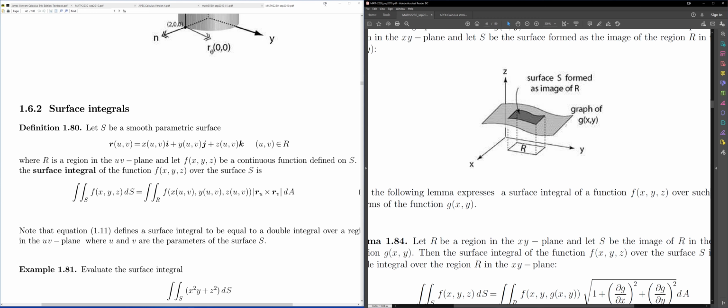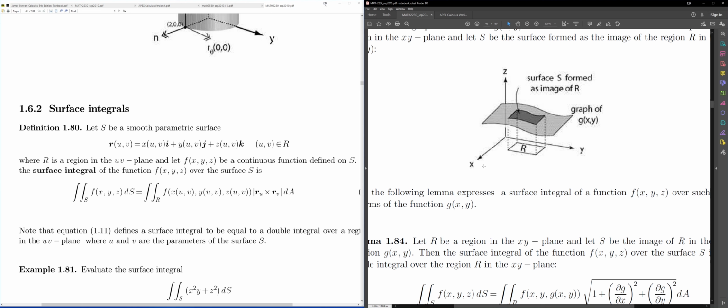So z = g(x,y) is this light gray surface over here in three-dimensional space. And the surface S that I'm going to be integrating over is going to be a subset of that, this dark gray subset of the graph. So it's not the entire graph, it's only a piece of the graph, the dark gray part over here.